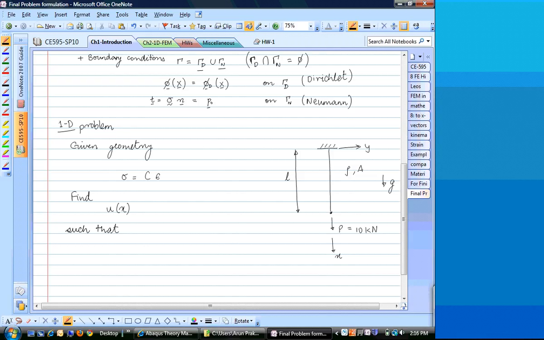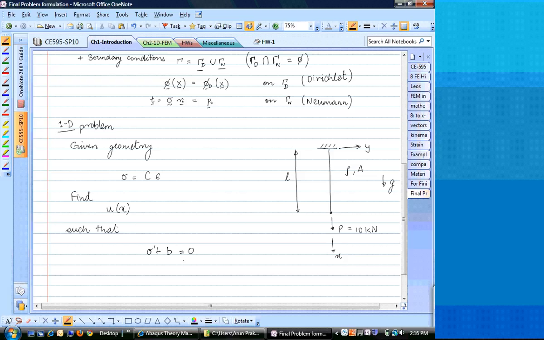The same equation that I gave you on your homework problem 1. So it is div sigma plus b in one dimension, so that's sigma prime plus b is equal to 0.